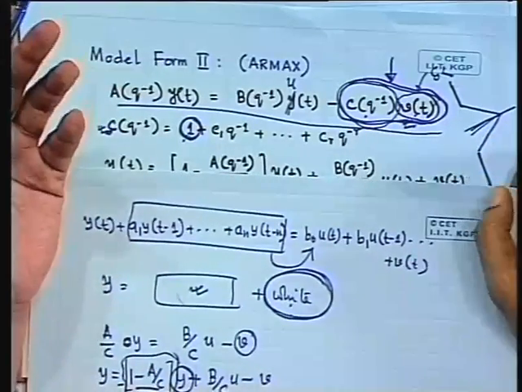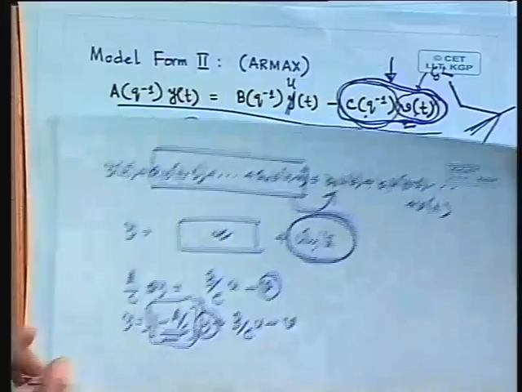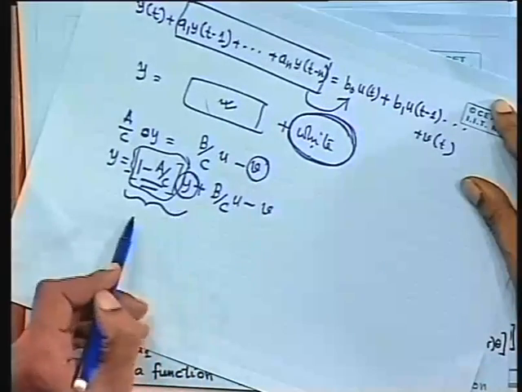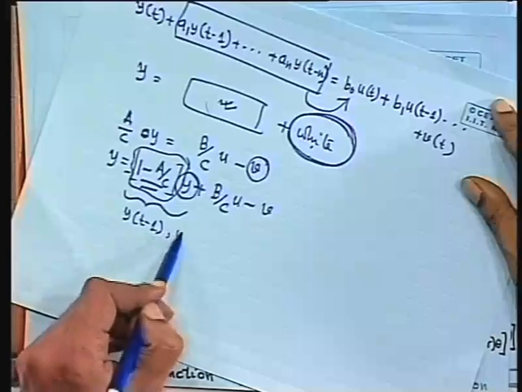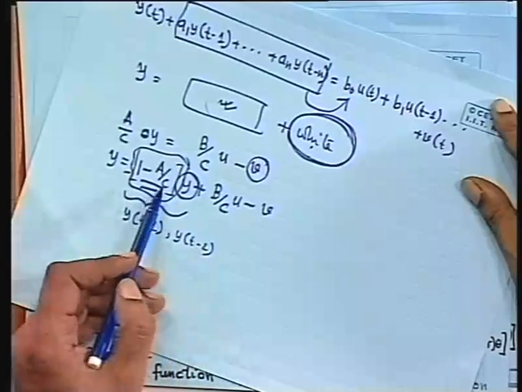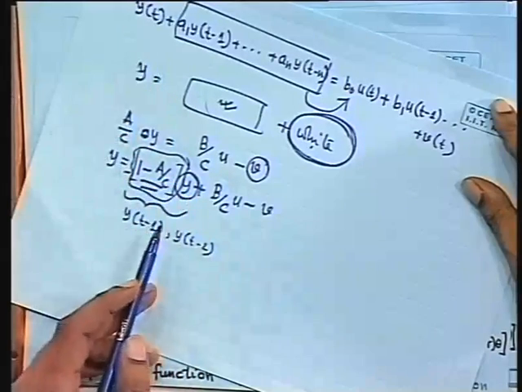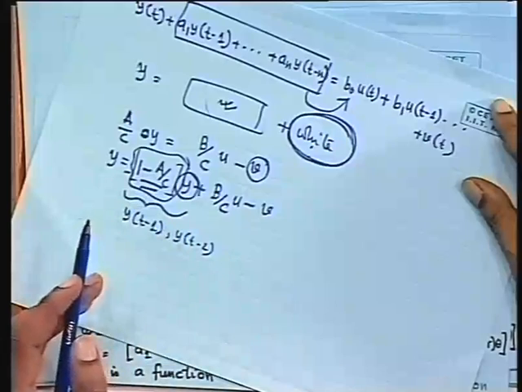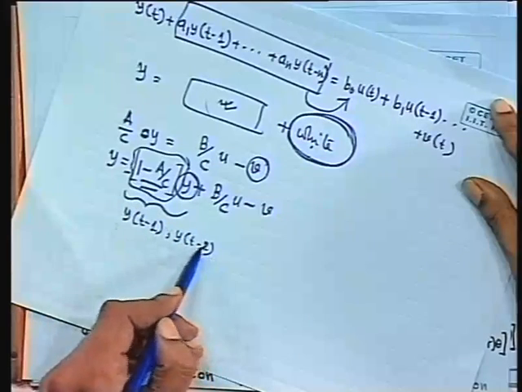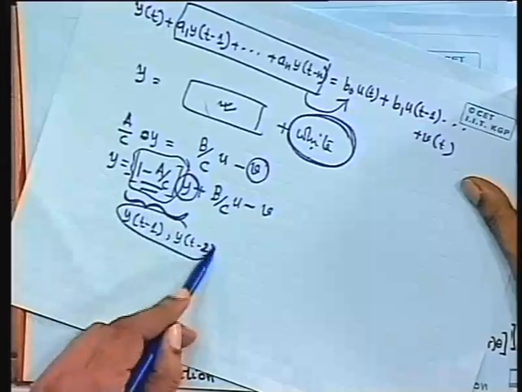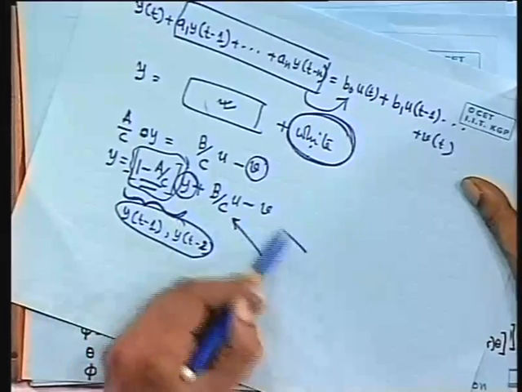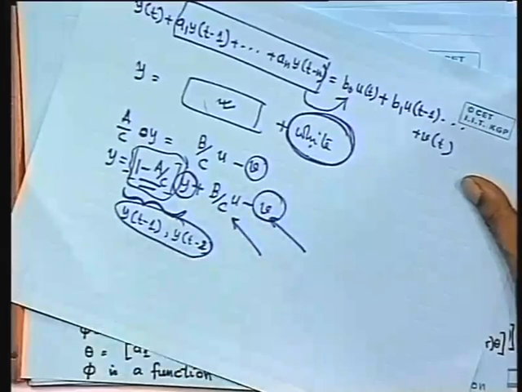You have only past terms, which means this is a vector of past terms. It will only contain y t minus 1, t minus 2. You can just experiment with any example: put values and try. So this is going to be a function of past values of y, this is a function of u, and this is a function of v, and this is y.